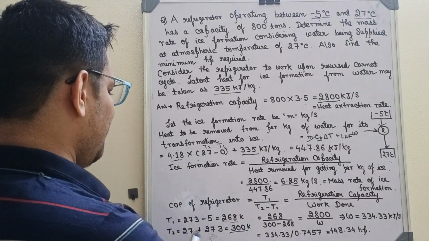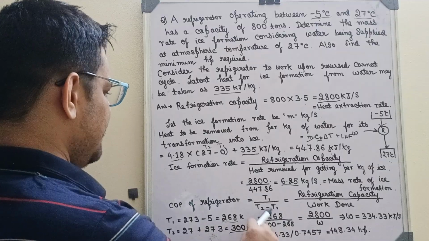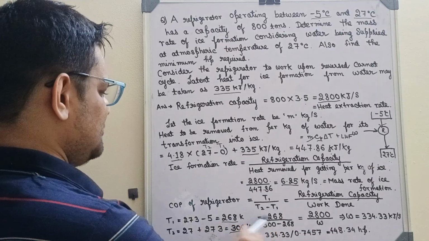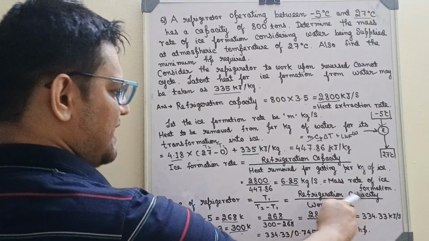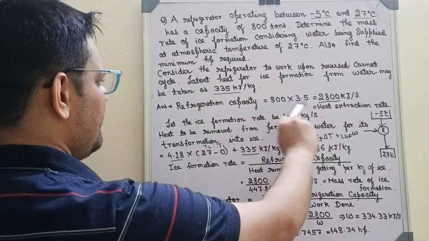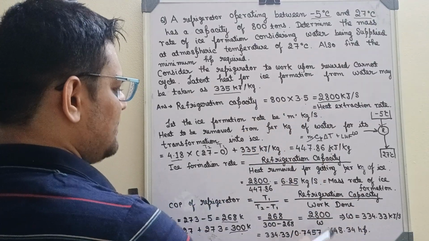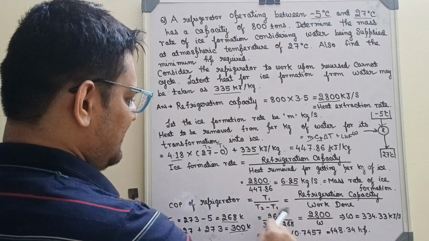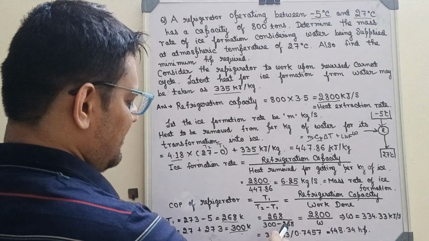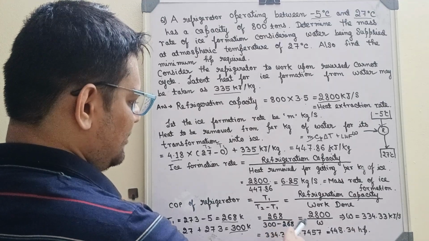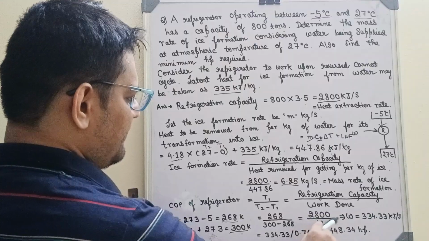So we put the values: T1 is 268, T2 minus T1 means 300 minus 268, equal to the refrigeration capacity, which we calculated as 2800, divided by the work done. So 268 divided by 32 is equal to 2800 divided by work done.